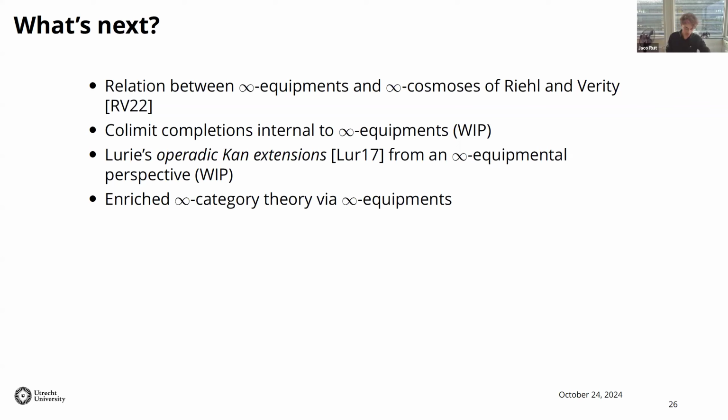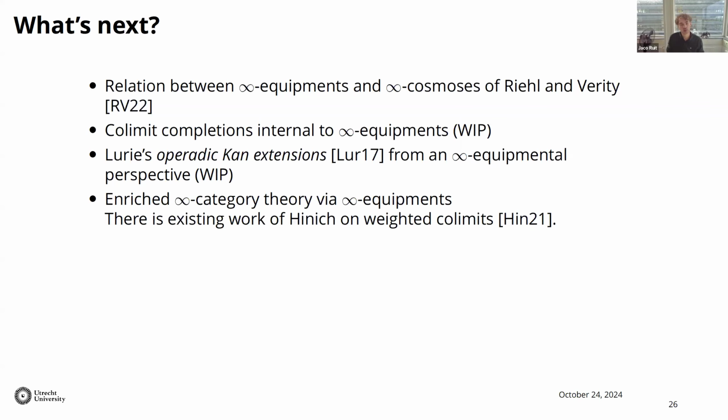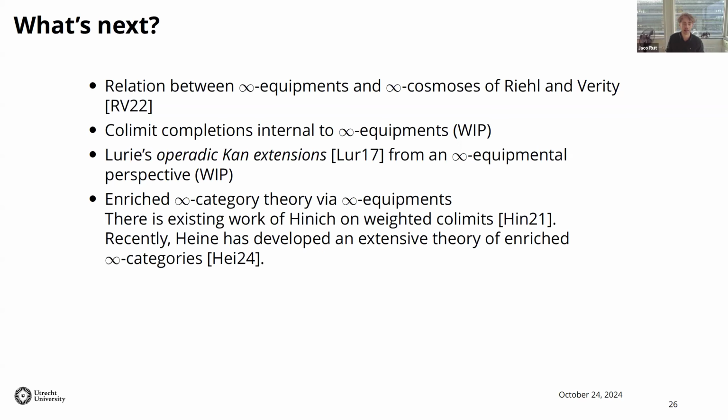It would be nice to sort of treat enriched infinity categories via infinity equipments. There's also already some existing work of Vladimir Hinich on weighted colimits in this context. And recently, Adrian Heine has developed some extensive theory of enriched infinity categories. But what I want to say is that for enriched infinity categories, we had all these models for these objects, and these models are quite complicated.